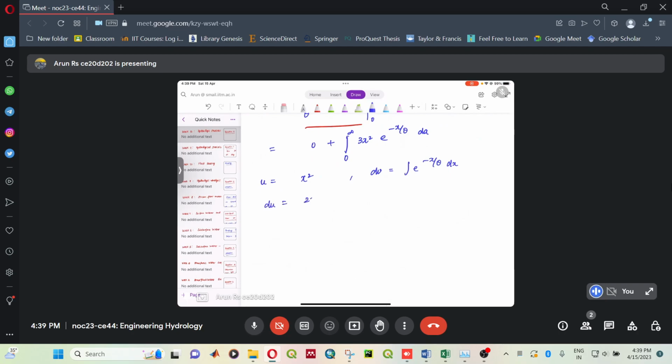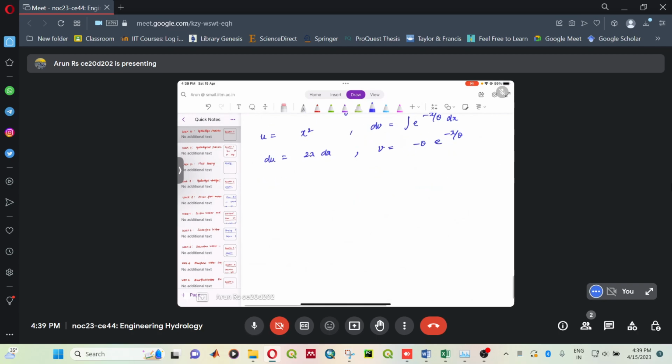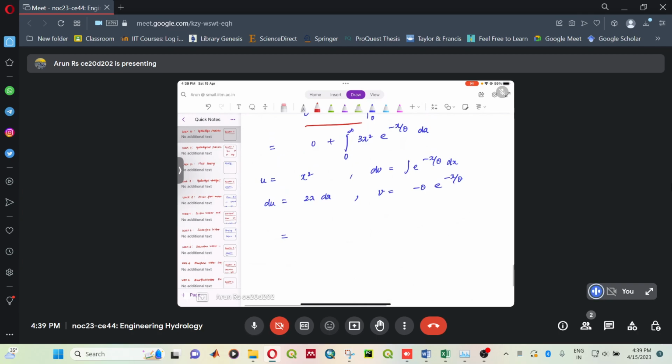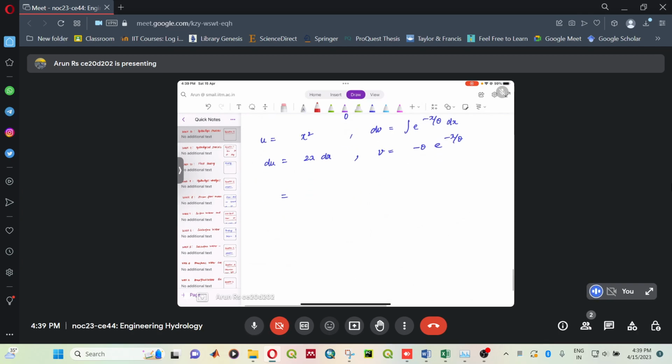So du will be 2x dx and the v is equal to minus theta e power minus x by theta. So again, once again we can apply integration by parts. Here we have a constant of 3. I have not taken it along with you, so I am keeping it outside separately.